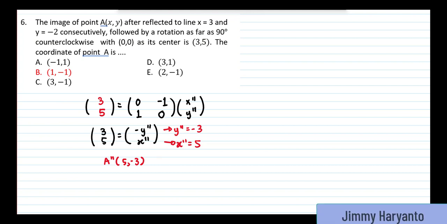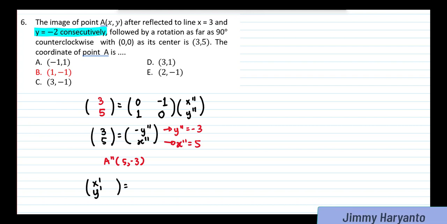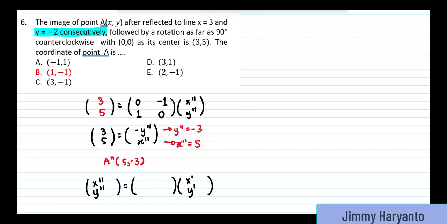That means after that we have to use this one, y equals -2. Let's write down the formula first. y prime equals the matrix and then x and y. Because this one is the second transformation, I will say that this one is x double prime, y double prime, and this one is x prime, y prime.